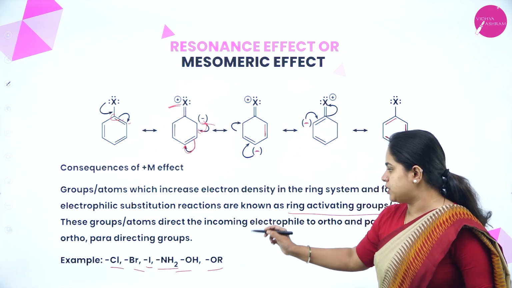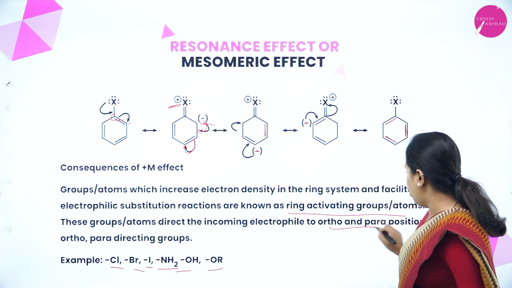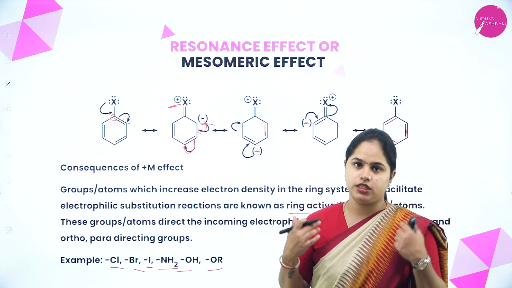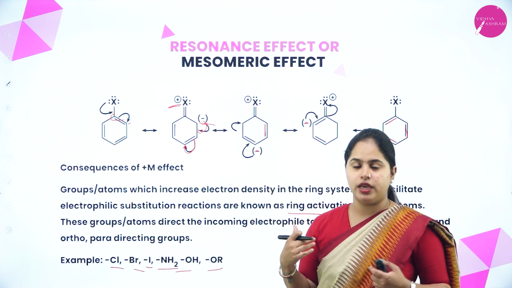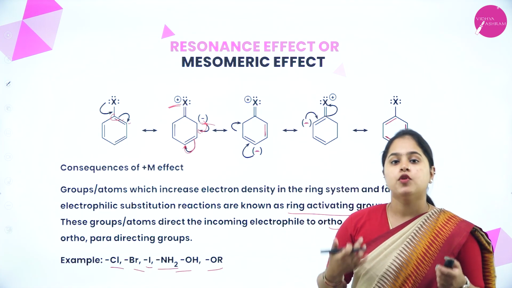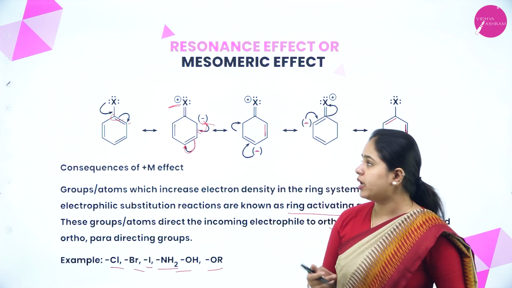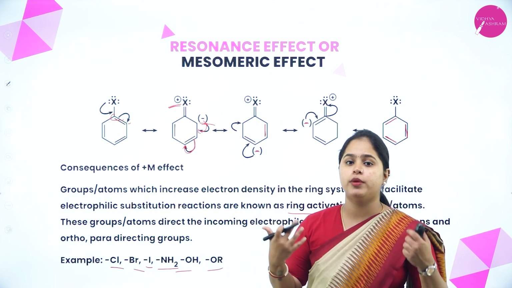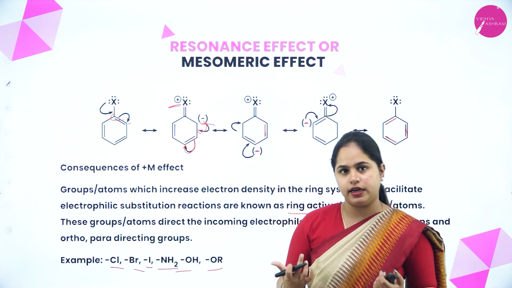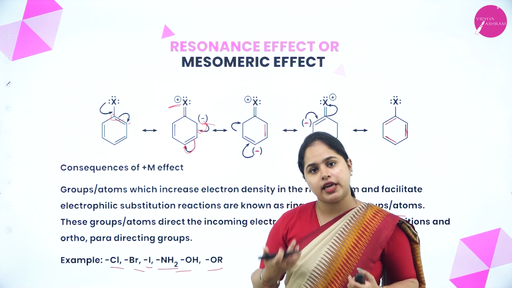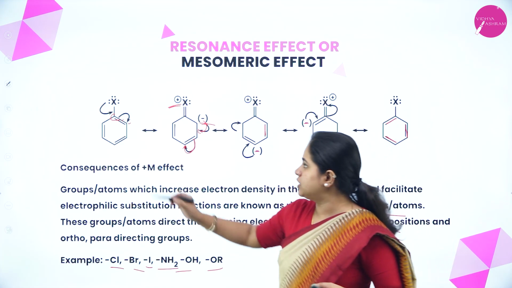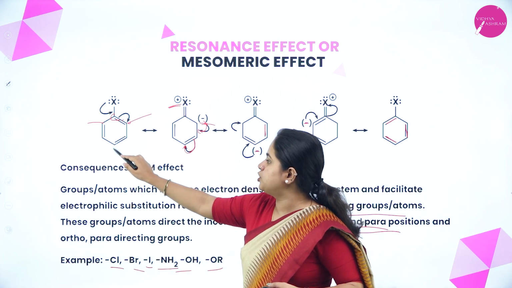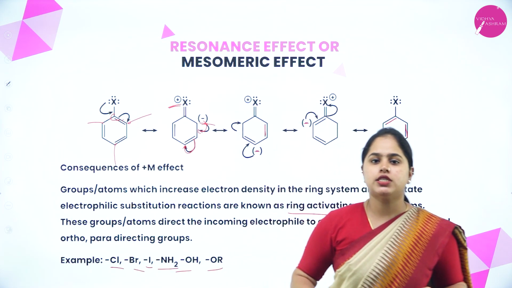Right, and these groups direct the incoming electrophile to ortho and para positions, and they are called ortho-para directing groups. Okay, so if in the benzene ring there is a halogen atom, that is chlorine, fluorine, bromine or iodine, they are ortho-para directing groups. That means if there is an incoming attacking reagent, it will be substituted either in the ortho position, that can be these two, or else in the para position. Right, so this is plus R effect.